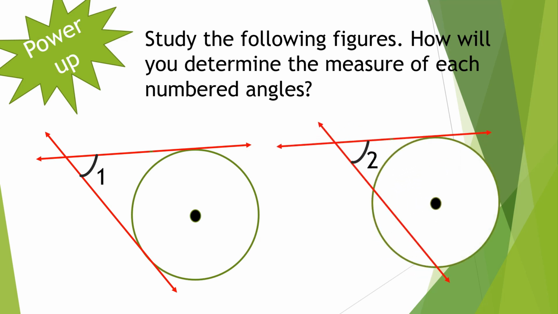And how about figure number 2? A tangent and a secant line meet outside the circle and it forms angle 2. What do you think is the way in determining the measure of angle 2?